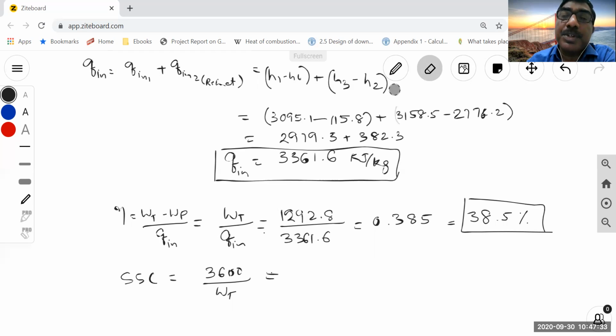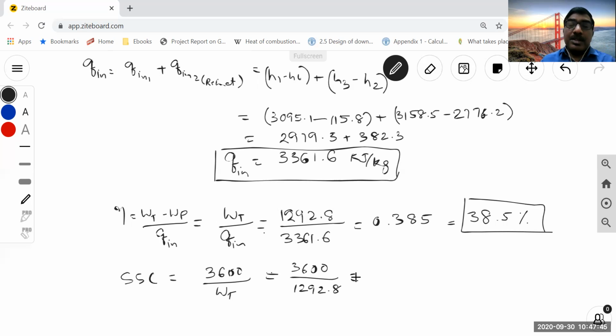No need of confusion. So 3600 divided by turbine work, 1292.8. So how much is it coming? 3600 divided by 1292.8.